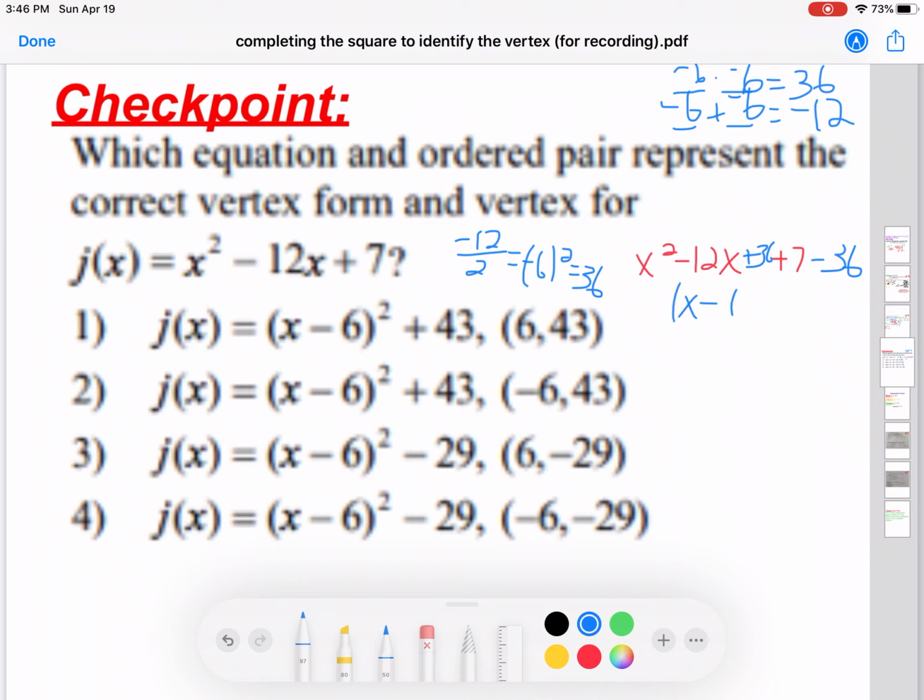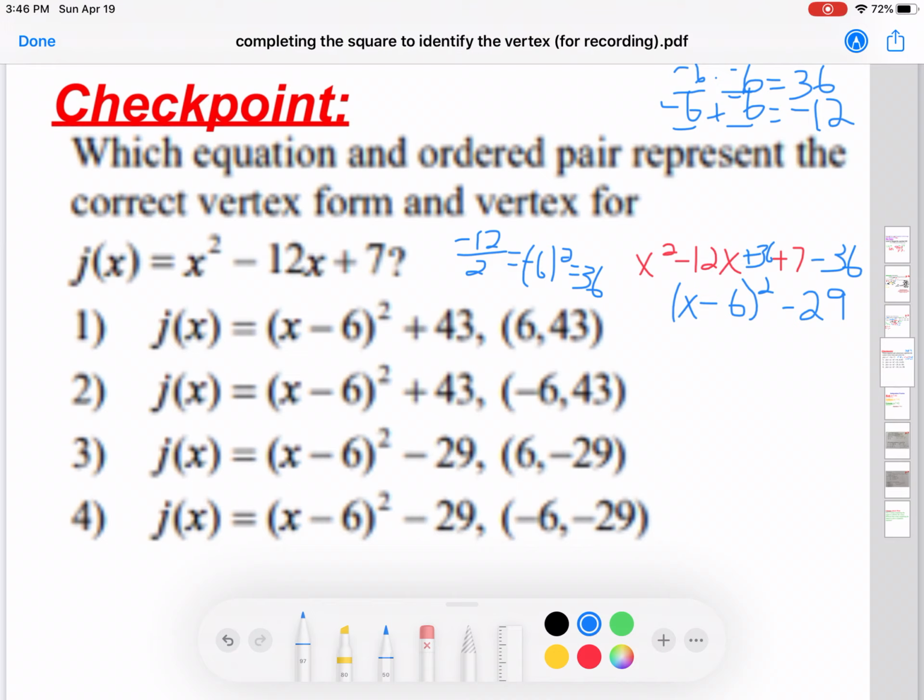So this would be written as x minus 6 squared. And then 7 minus 36 should give us -29. So pausing at this point, we should have x minus 6 squared minus 29.